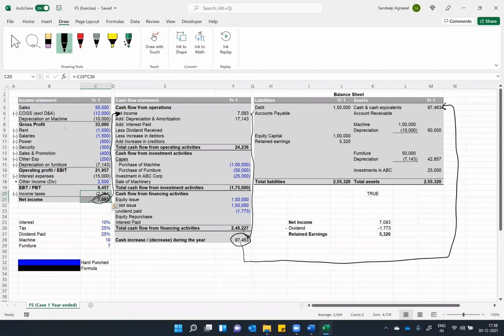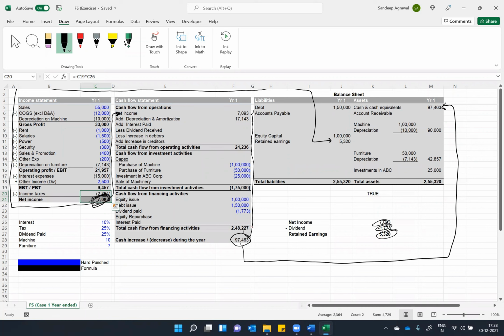Second is this net income is also part of your retained earnings. So if you remember, net income minus dividend gives you retained earnings.